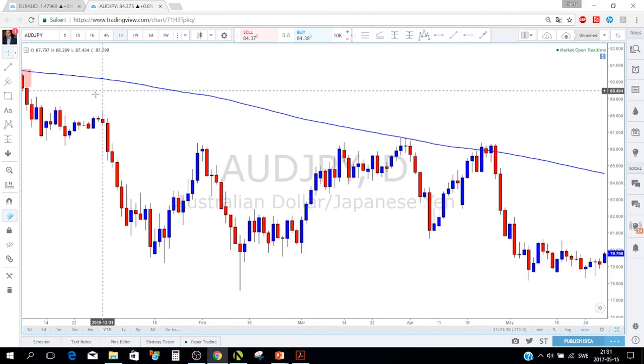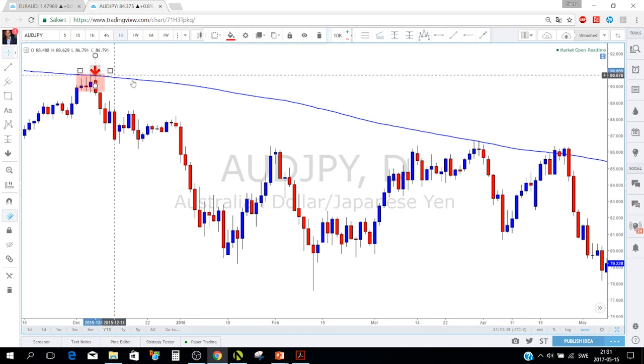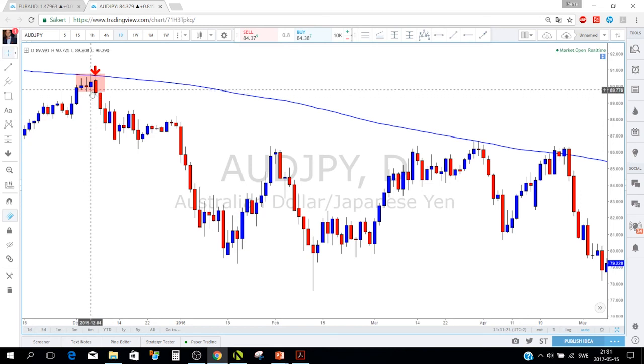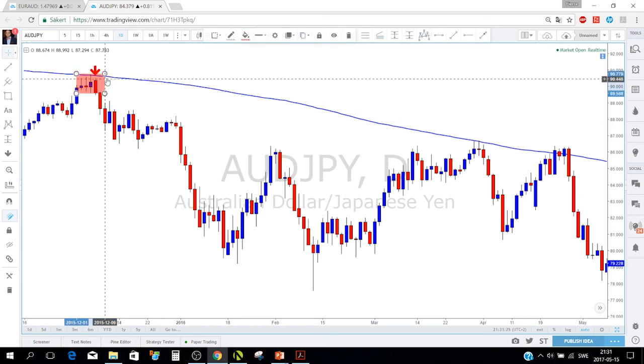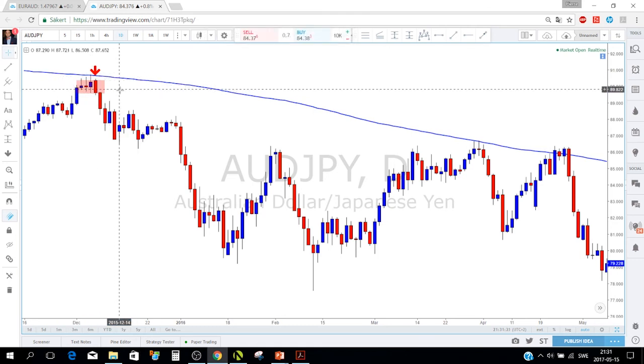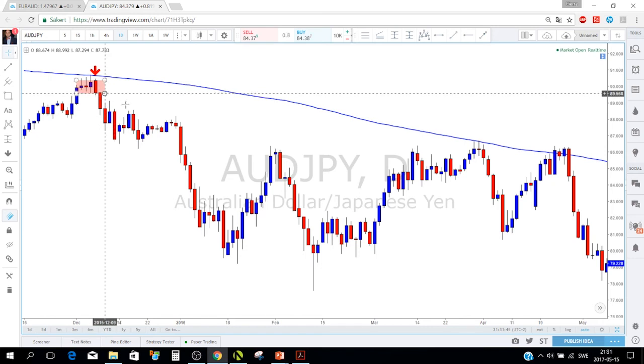And when we got this day here, we got our bearish engulfing candle that engulfed all the last 3 days, which is very strong, where you get an engulfing candle that engulfs more than one candle before it. So that was our signal, and our entry would be at the opening of the next candle.